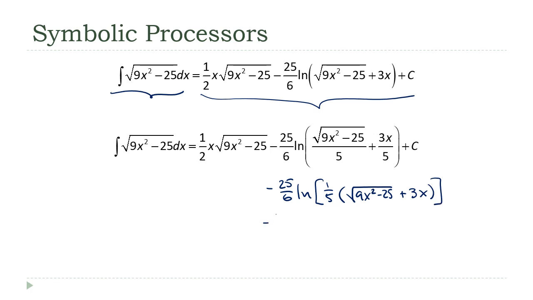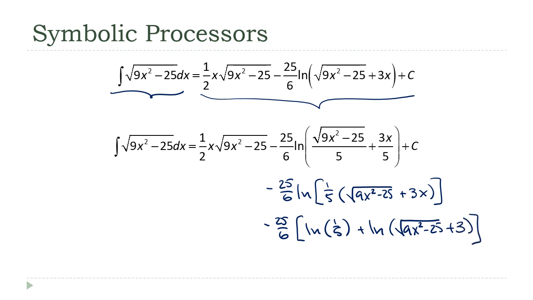This is minus 25/6 times the log of 1/5 plus the log of this square root of 9x squared minus 25 plus 3.